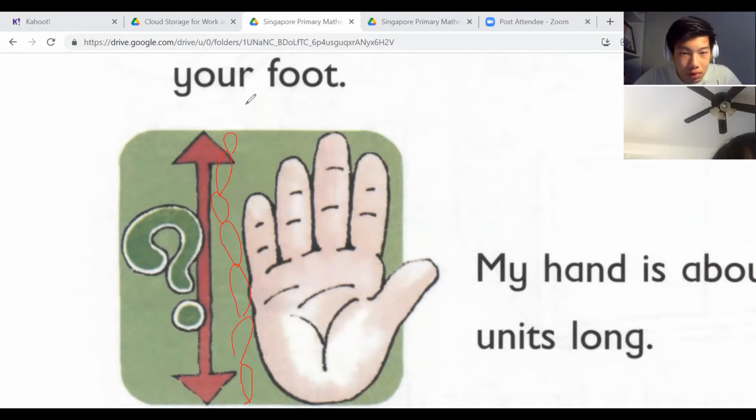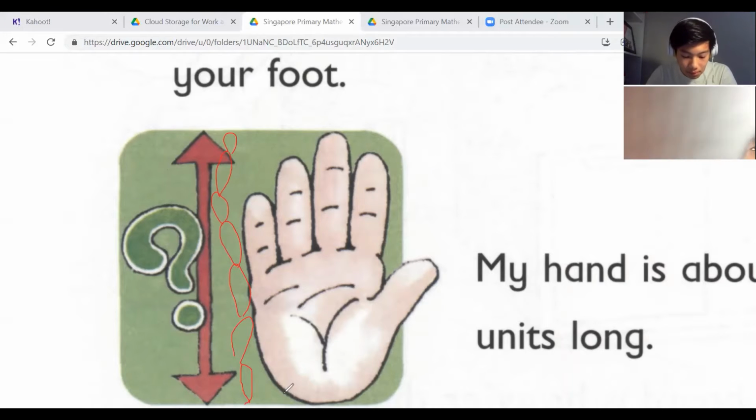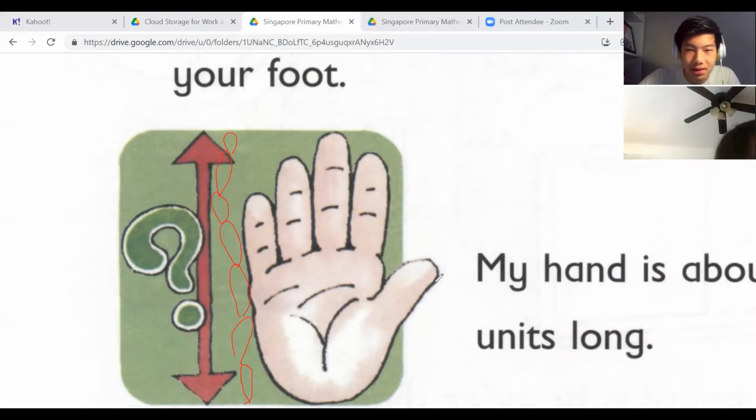How many units is this? Is it 7? Yes, 7 is the right answer. Nice job. Okay. So in this case, my hand is about 7 units long.